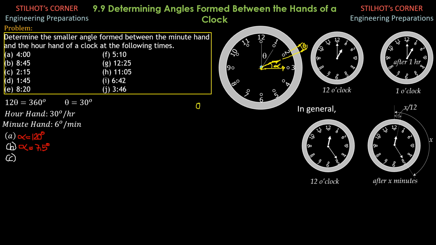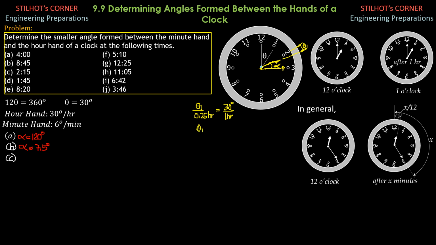So theta 1 corresponds to 15 minutes, 0.25 hour, as 30 degrees corresponds to 1 hour.